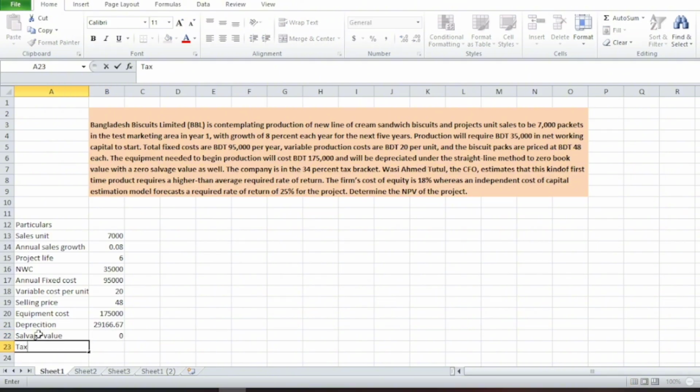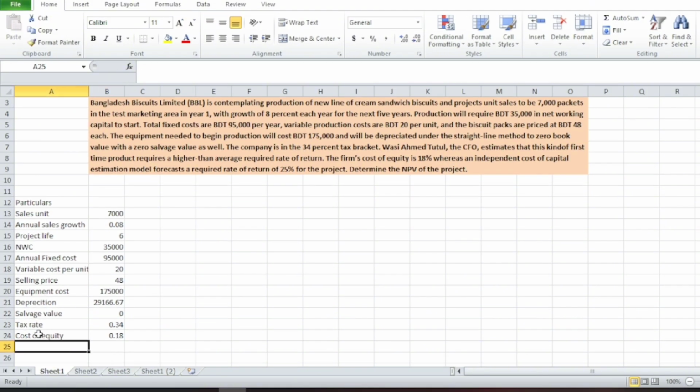And then we have a tax rate of 34%. We have a cost of equity, which is 18%. We have a required rate of return, which is 25%.